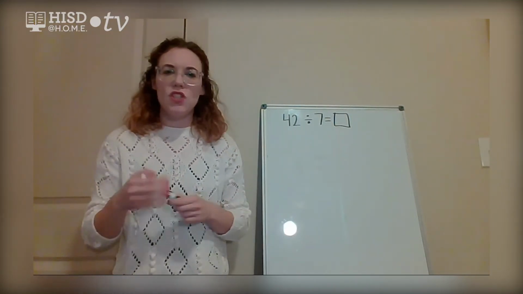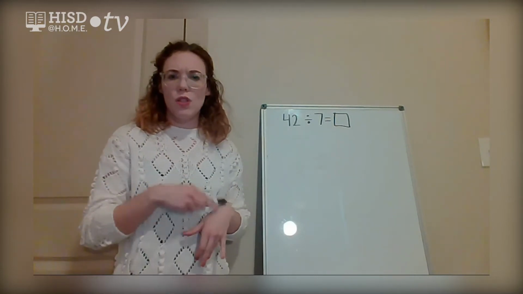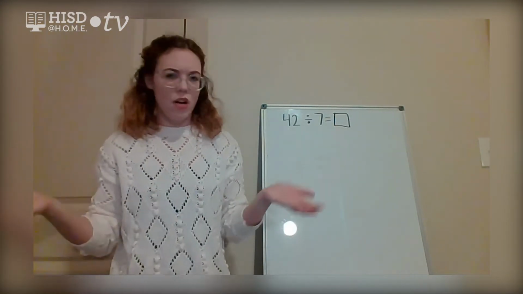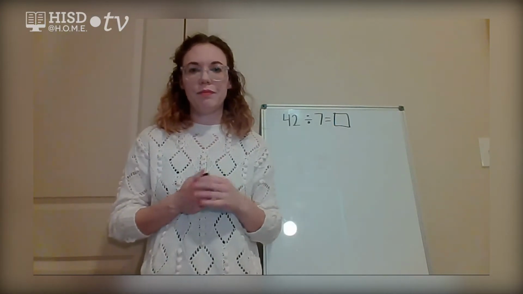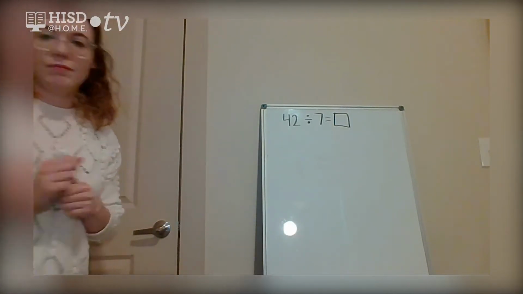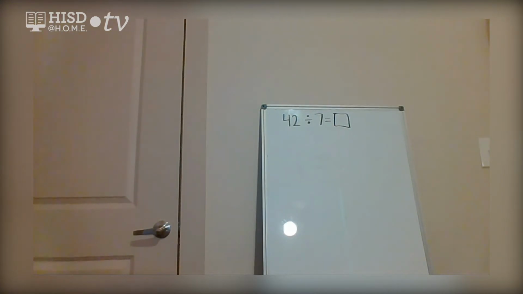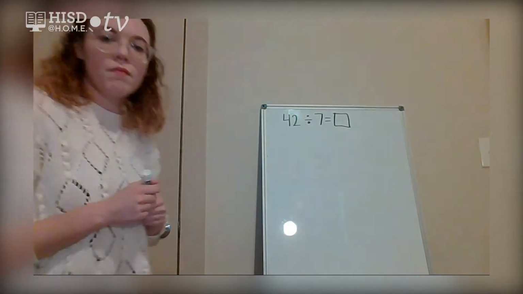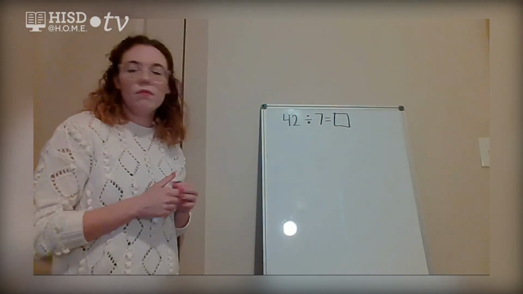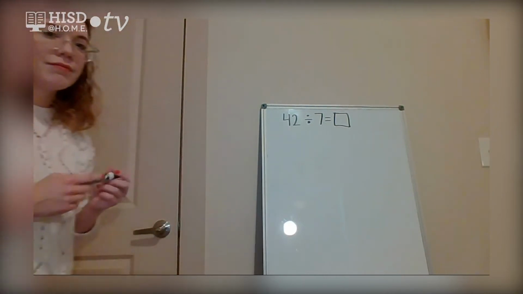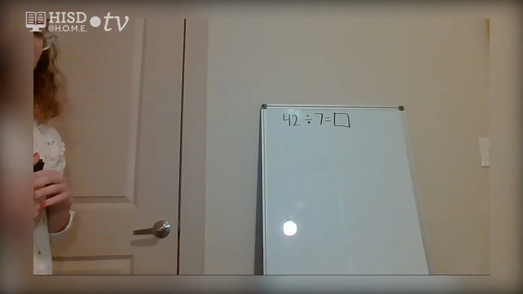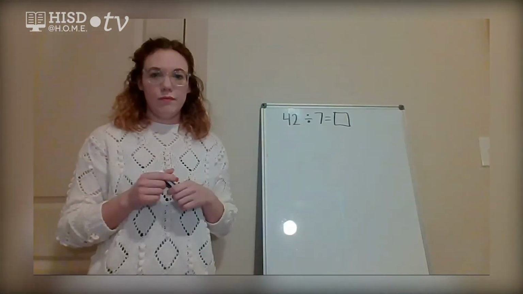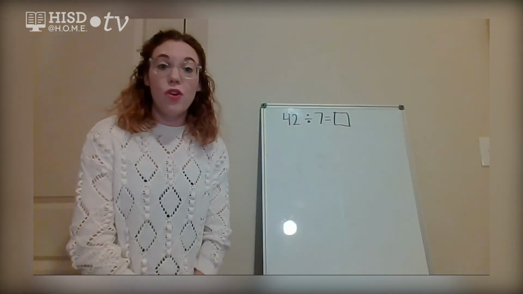I'm going to give you guys a minute to try and think of a strategy and try and solve this problem using that strategy, and I'll go over many strategies with you. I'll give you guys about 30 more seconds.